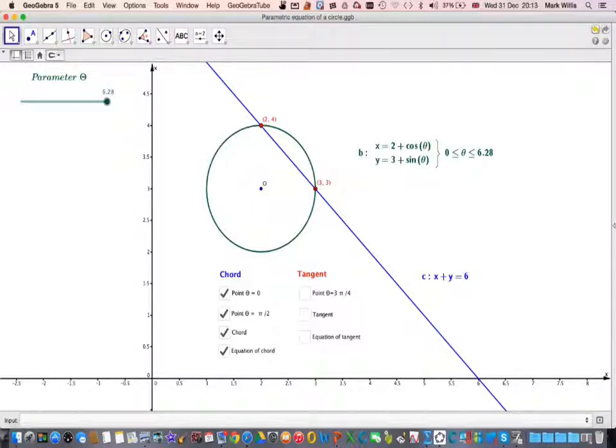For the tangent, we know the tangent is when theta is equal to 3 pi by 4, so it's going to be somewhere over here. Okay, so if I just trace back to that point, it's where that angle here is approximately 3 pi by 4.